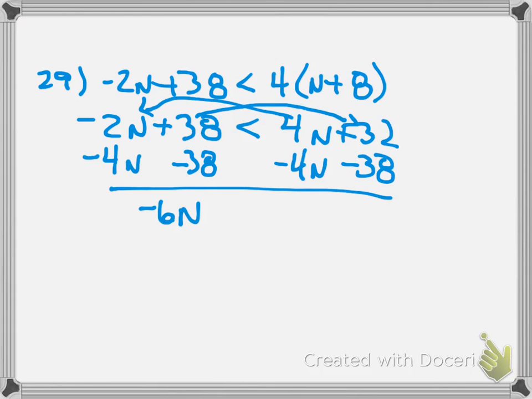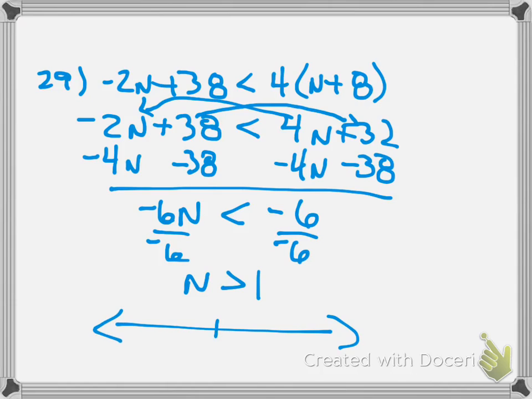Negative 2 minus 4 is negative 6n. 32 minus 38 is negative 6. So then I divide by negative 6, and that will change the direction of the inequality, and I have n greater than 1. But the key there is when the variables are on both sides, I like to go variables to the left, numbers to the right. And you can see how we've got that.